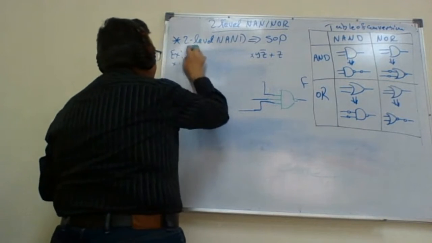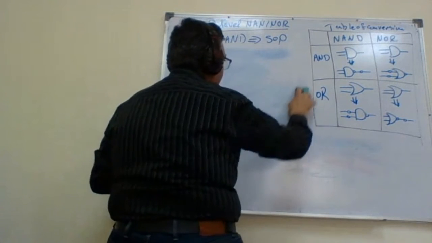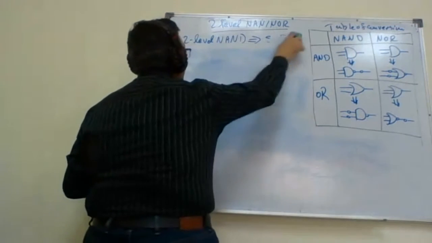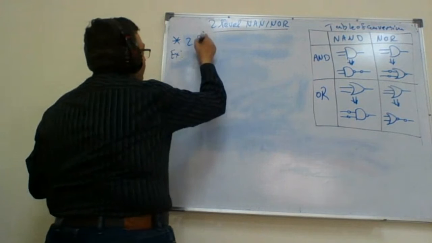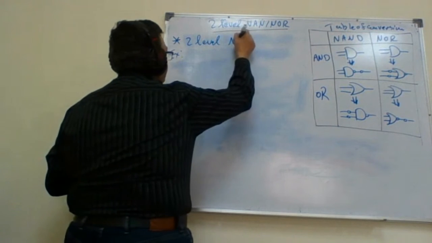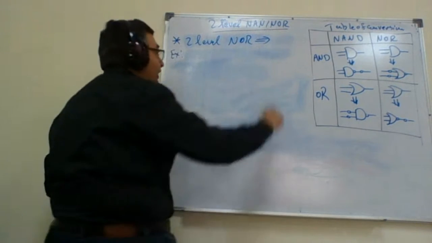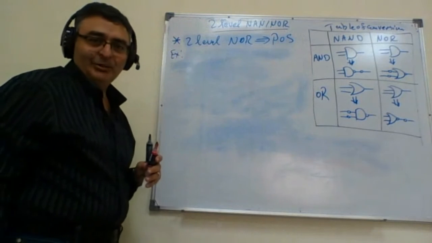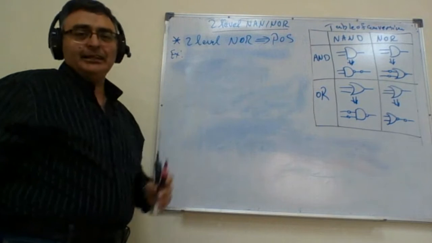If I want to achieve 2-level NOR, it can only be achieved if the equation is in the POS standard. So if the equation is in POS standard, I can get the two-level NOR directly.